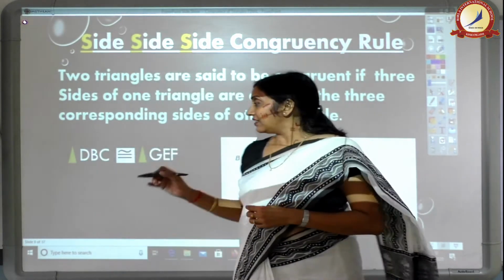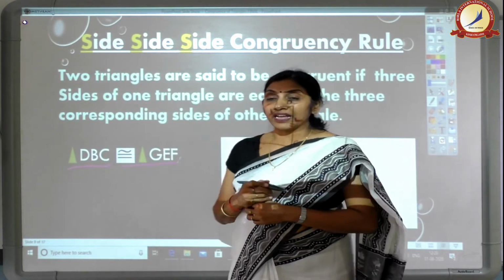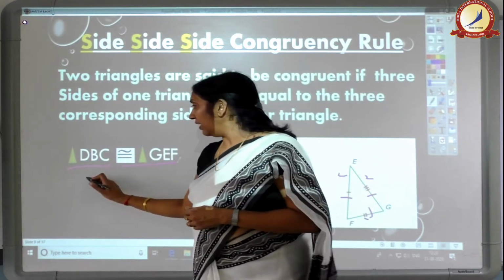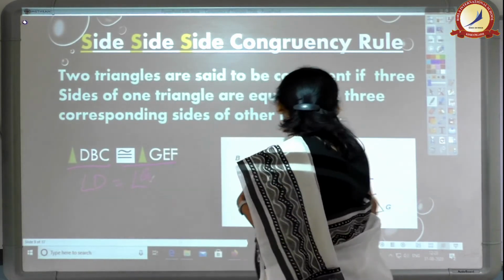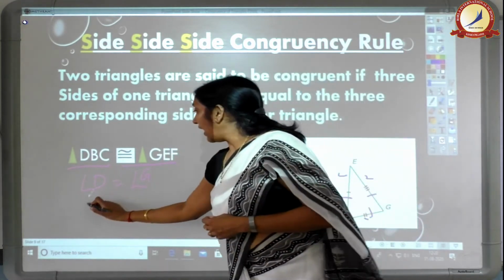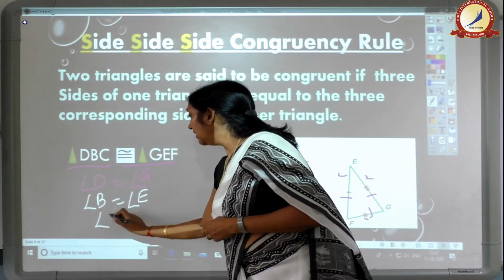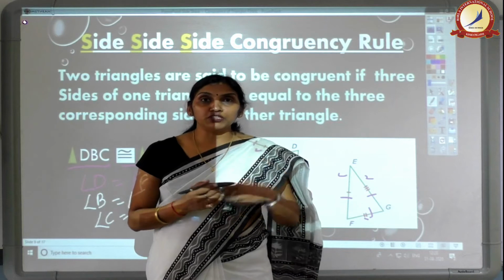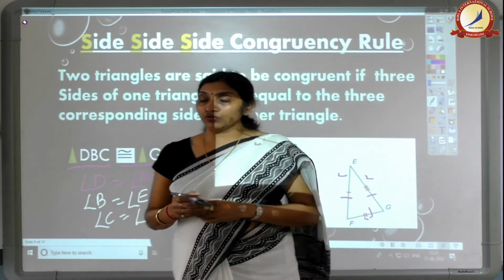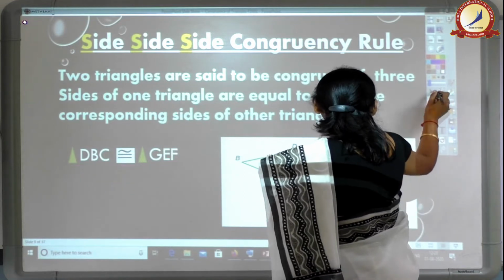So, I can say that triangle DBC is congruent to triangle GEF, where angle D is equal to angle G, angle B is equal to angle E, and angle C is equal to angle F. Hence, we can show that these 2 triangles are congruent by using SSS congruency rule.